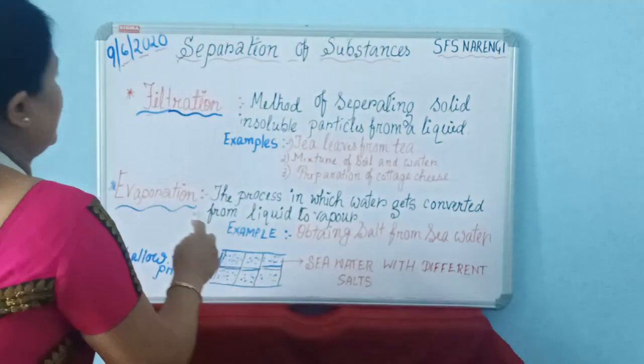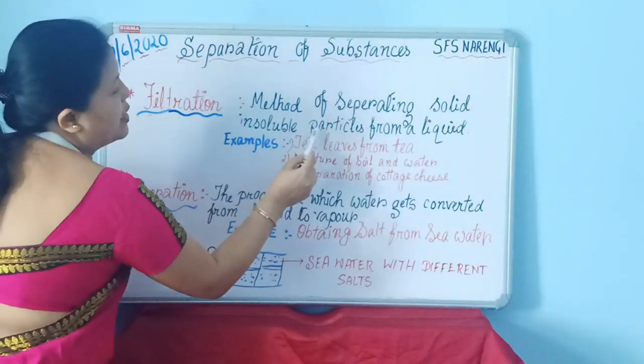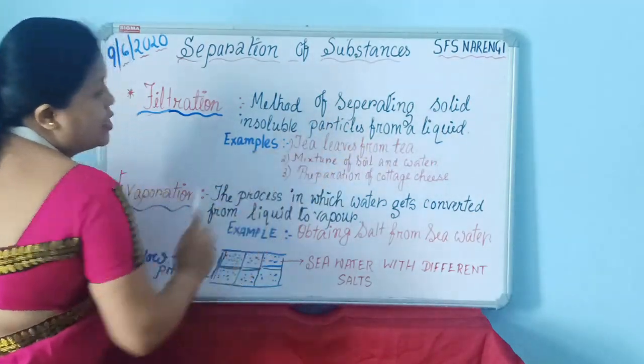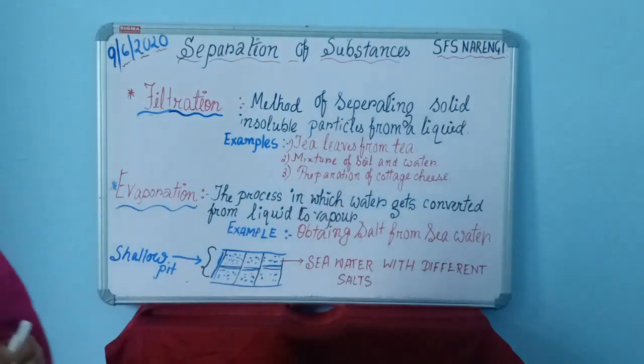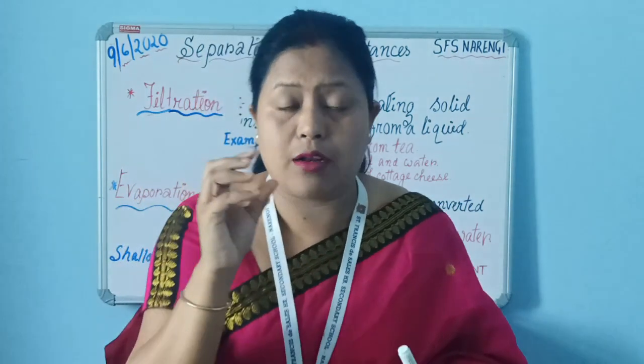So let's start with filtration. Filtration is the method of separating solid insoluble particles from a liquid. In the process of filtration, what we do is separate the solid insoluble component from the liquid mixture. Clear?